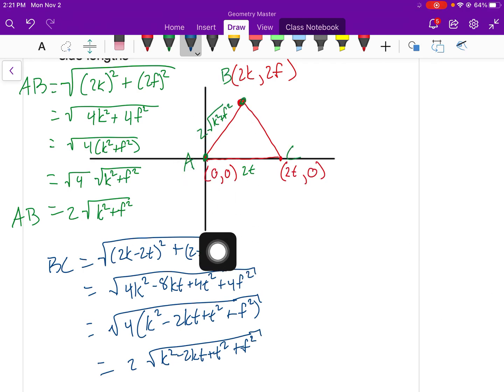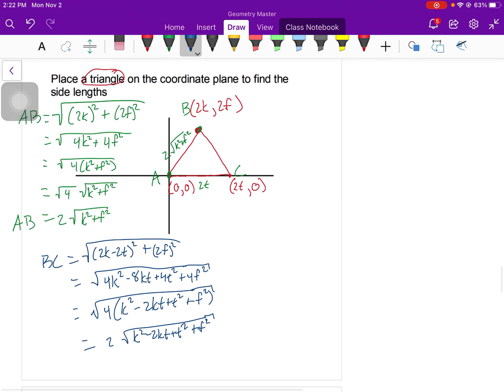Very rarely are you going to need to put something on a graph where you know none of these measurements. Usually if you're using variable coordinates, I will tell you the length of one of these sides, or you could say, if this length is this, I know what my variable should represent in order to get that distance. But this is just what putting it on the coordinate plane means.